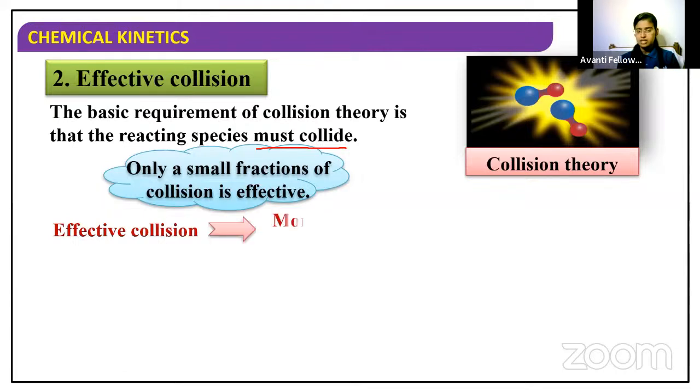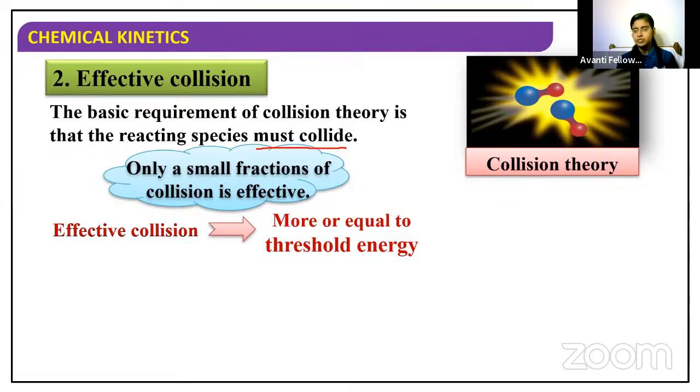Okay, so what is an effective collision? The energy should be more than or equal to the threshold energy. I'll tell you what threshold energy is. Threshold energy is the minimum amount of energy required for a molecule to react. We will see this threshold energy in detail in the next slide.